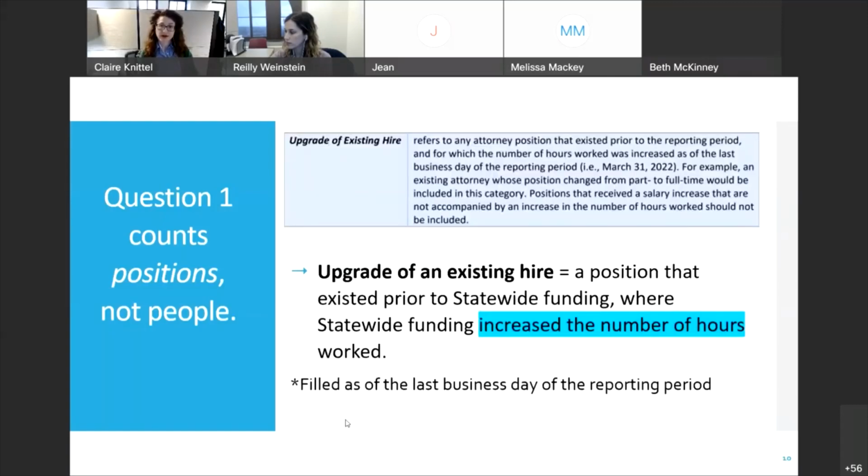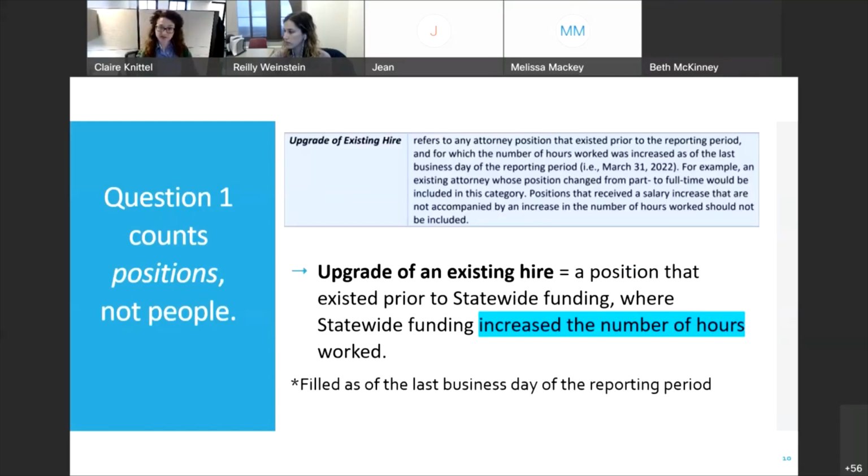An upgrade of an existing hire refers to any attorney position that existed prior to the reporting period and for which the number of hours worked has increased as of the last business day of the reporting period, i.e. March 31st, 2022. So as we discussed at length in part 1, an upgrade of an existing hire is a position that existed prior to statewide funding, where statewide funding specifically increased the number of hours that position works.